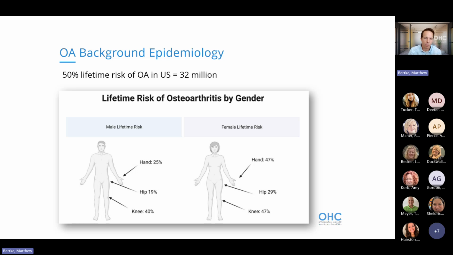There's an estimated 50% lifetime risk of developing osteoarthritis, and over 30 million people currently in America suffering from or dealing with osteoarthritis in one form or another. It can strike any joint in the body. Hands are very common, even more so in women, and knees are quite common across the sexes.